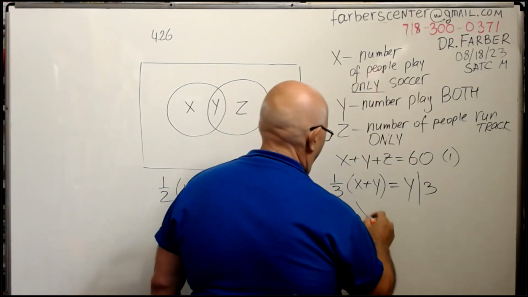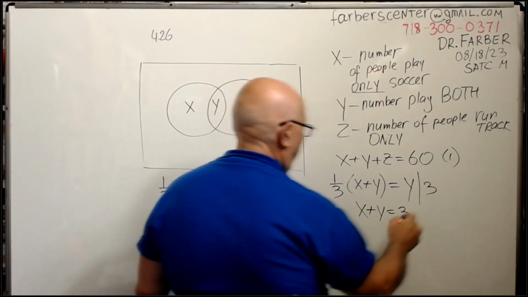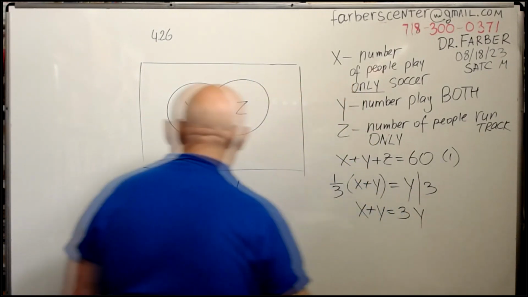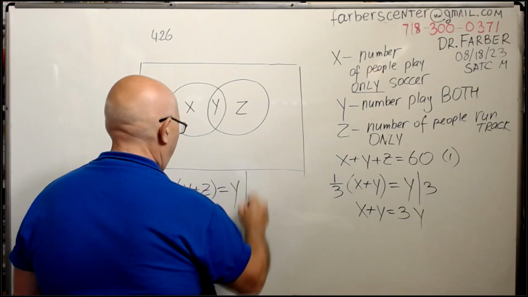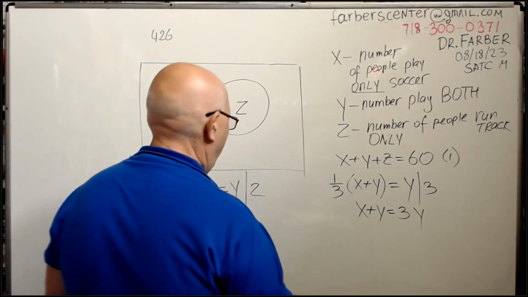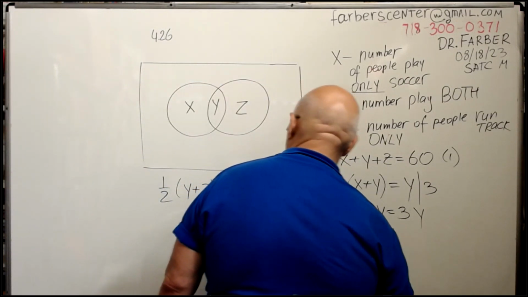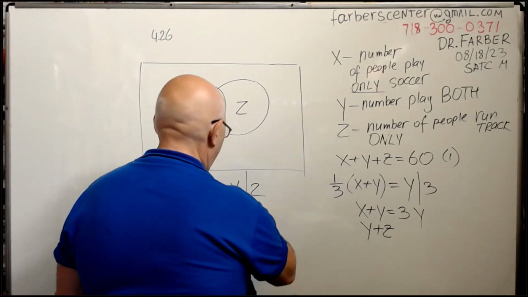I get X plus Y equals 3Y. And if I multiply everything by 2, I'll get Y plus Z equals 2Y.